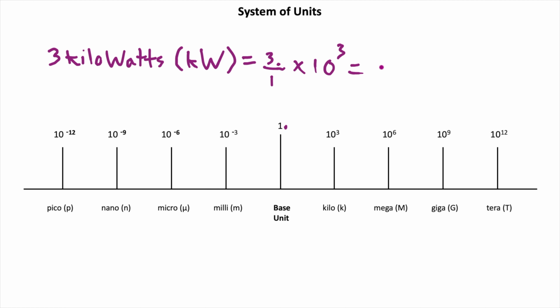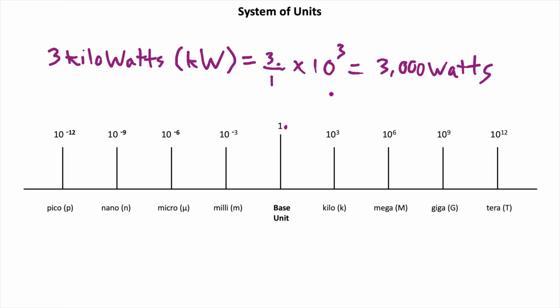And so when you work this out, this is going to end up being 3,000 watts. So 3 kilowatts is the same thing as 3,000 watts. We are working on unit conversion right now, just so you realize that we're going from kilowatts to watts. We're looking at what the measurement means with this level of exponent in comparison to what it means in this level of exponent.